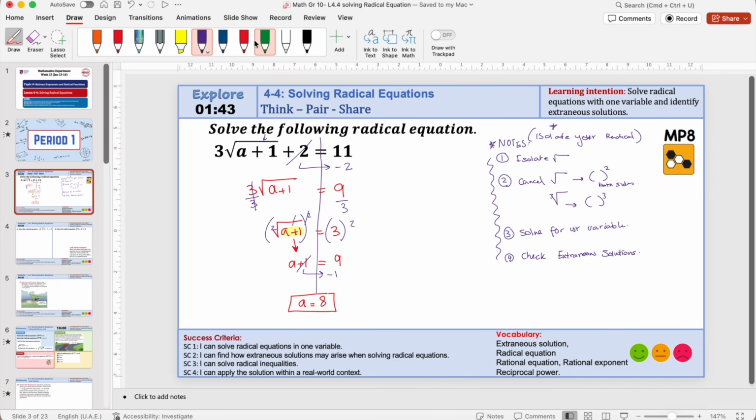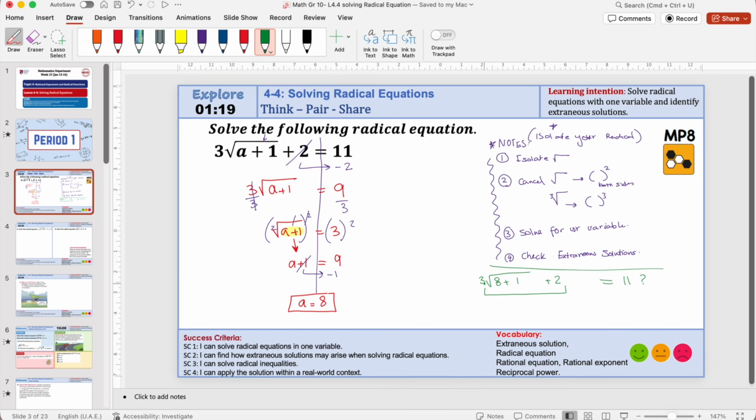So how do we check an extraneous solution? Just go on the side, take the number 8, and plug it back into your equation. Instead of a, plug in 8 plus 1 under the root, and there's a 2 outside the root. Check, is it equal to 11? If you put this in your calculator, hopefully it gives 11.